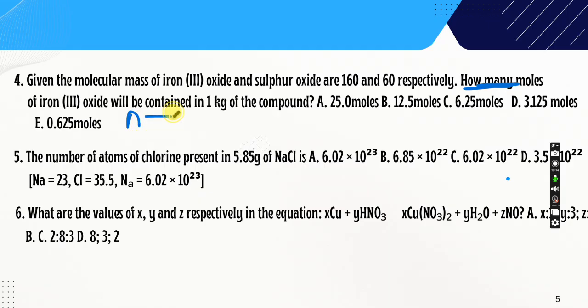Number of moles is equal to the mass over the molar mass, right? Now our mass is in kilogram, so we need to move it to gram. 1 kg to gram is how many grams?